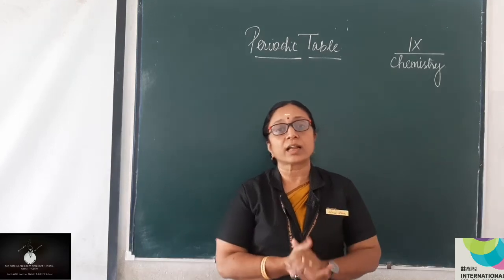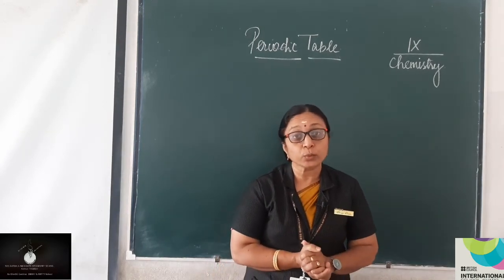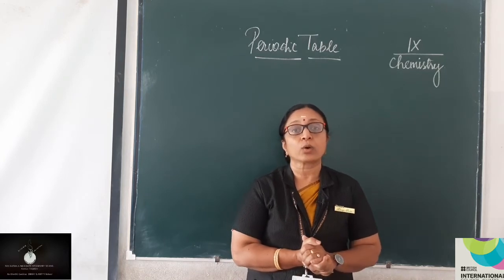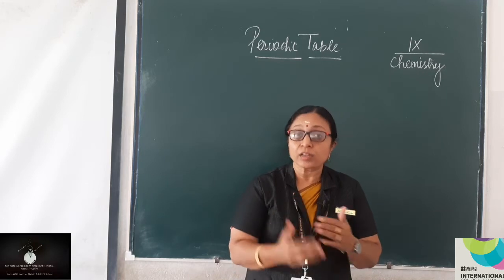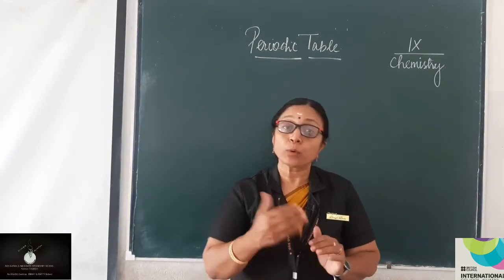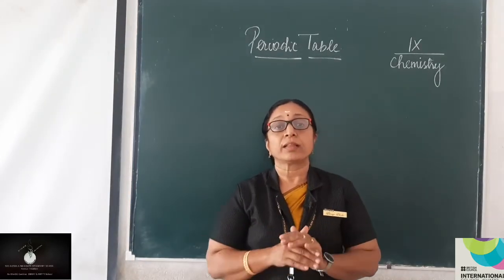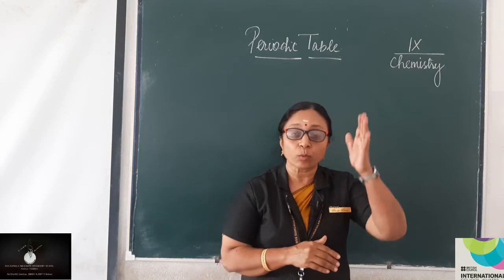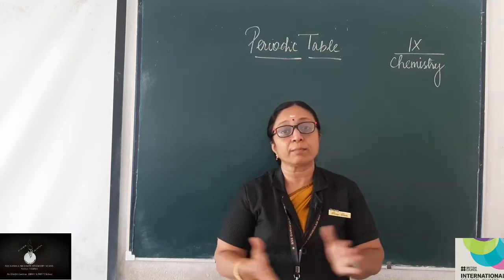The third classification was done by John Newlands. What did he do? He arranged elements according to the octaves. He showed that when elements are arranged in octaves, the elements coming under one group, that is the first and the 8th element, exhibited the same properties.